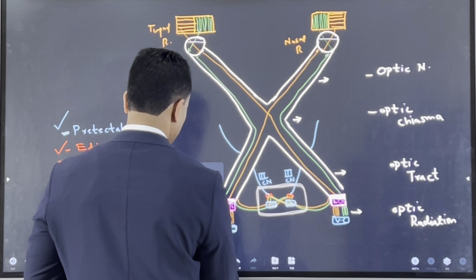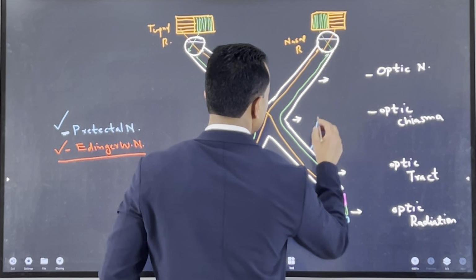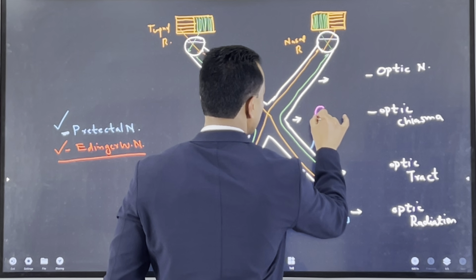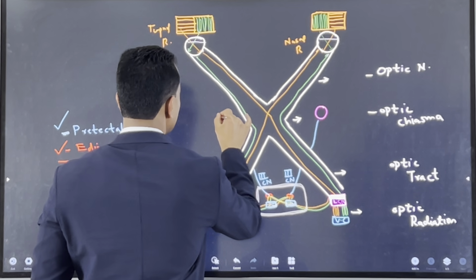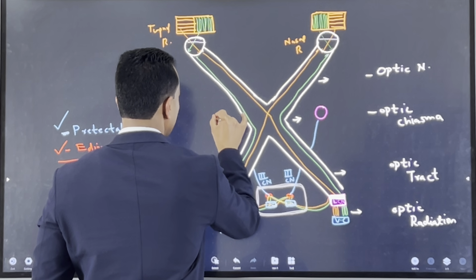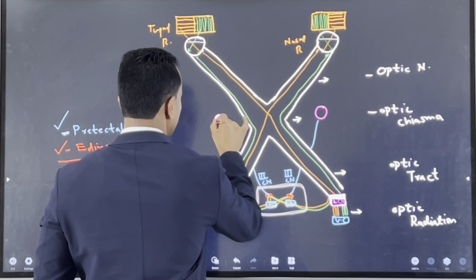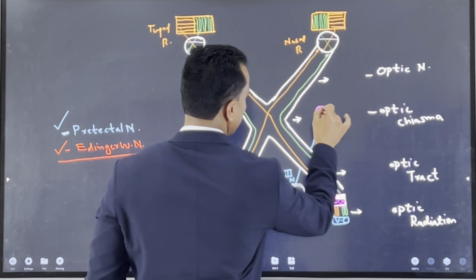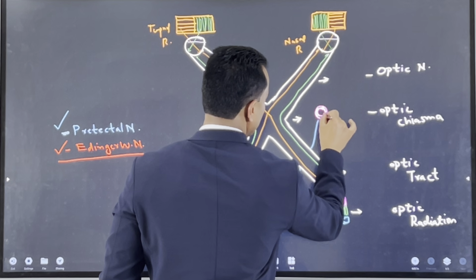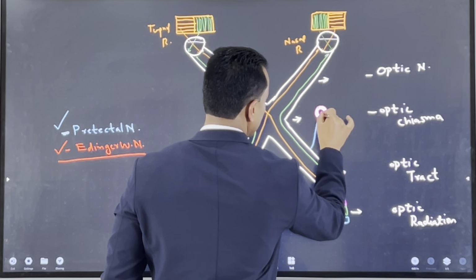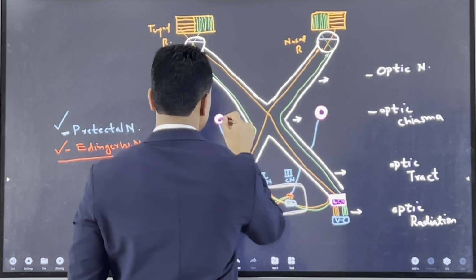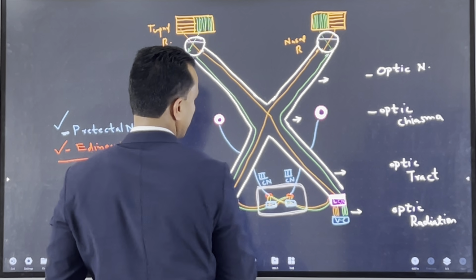You should remember the name of this ganglion also. This is our ciliary ganglion. So this is the ciliary ganglion.